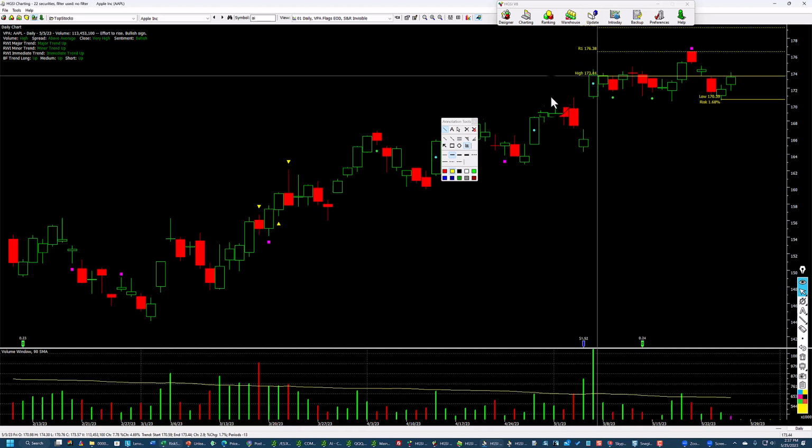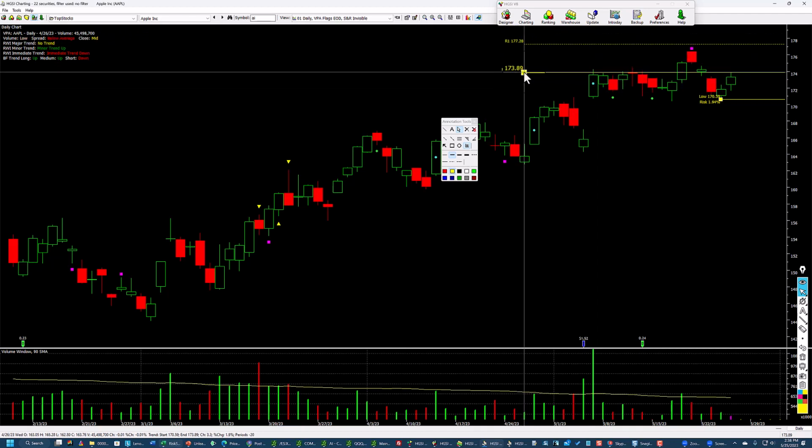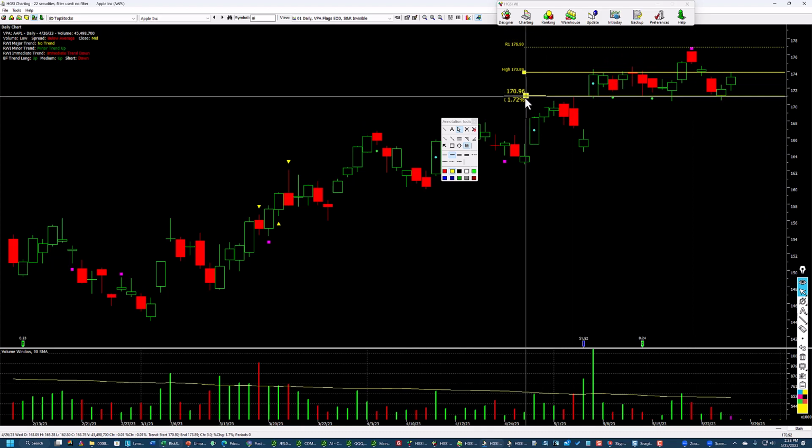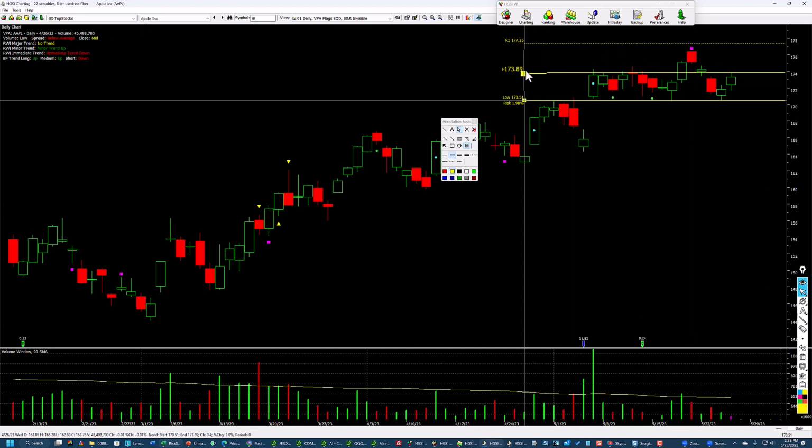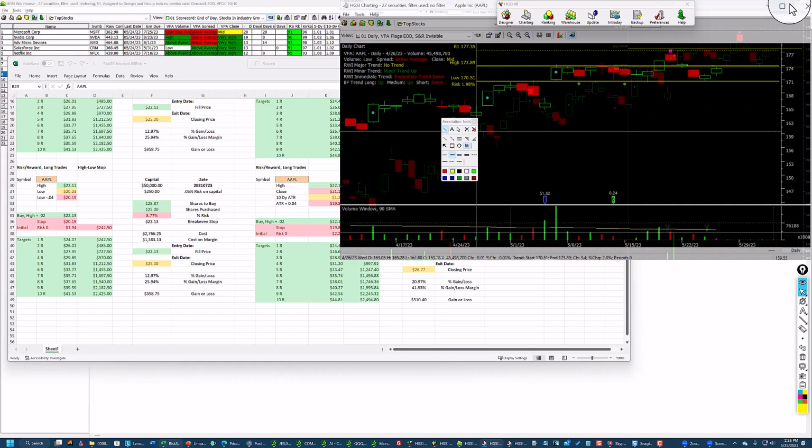And Tom, you had a question about this tool. If you click on this arrow and you want to reactivate it, then you can put it anywhere you want to. And you can drag these over so it's a little bit clearer over here. Okay? And let's just put these numbers in. 173.89.